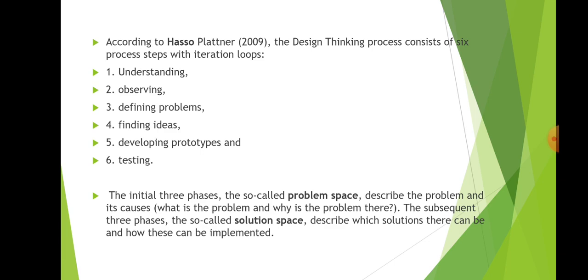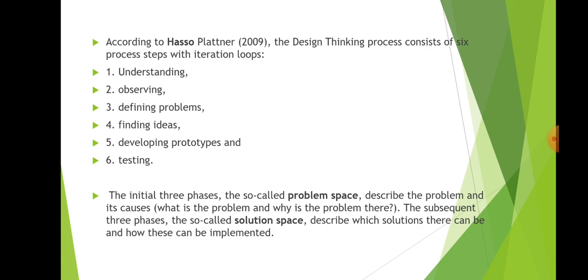According to Hesse-Plattner, the design thinking process consists of 6 process steps with iteration loops. The first, understanding. Second, observing. The third, defining problems. The fourth, finding ideas. The fifth, developing prototypes. And the sixth, testing.